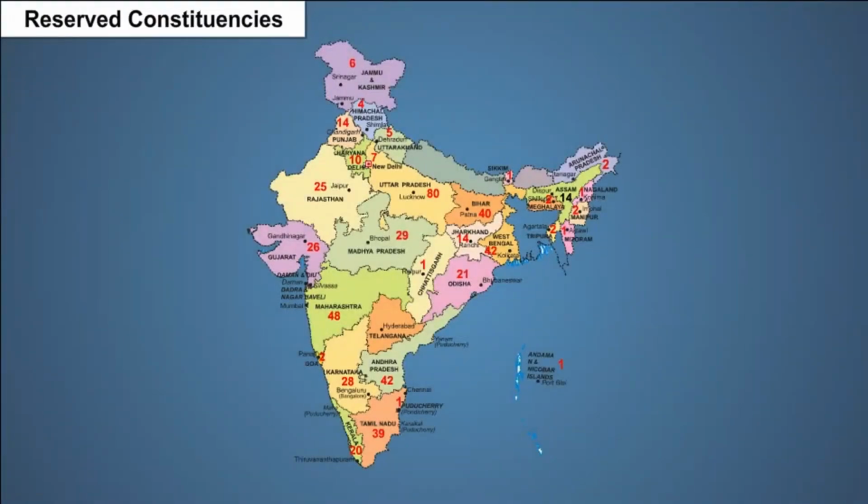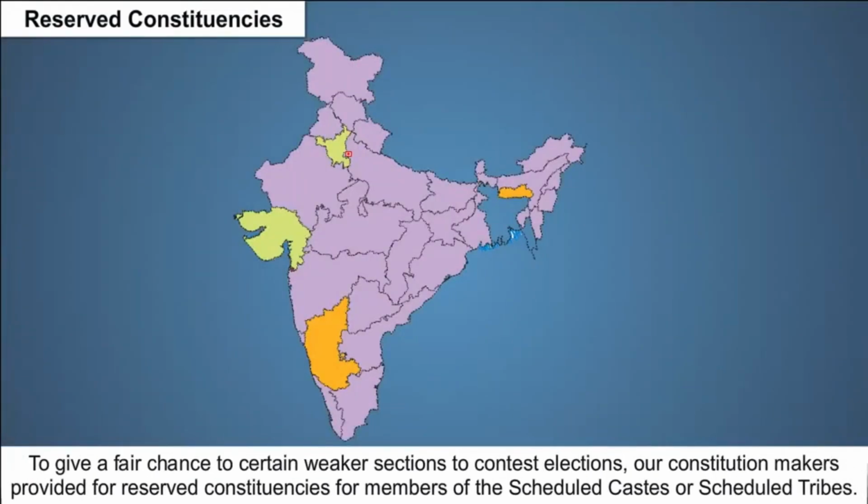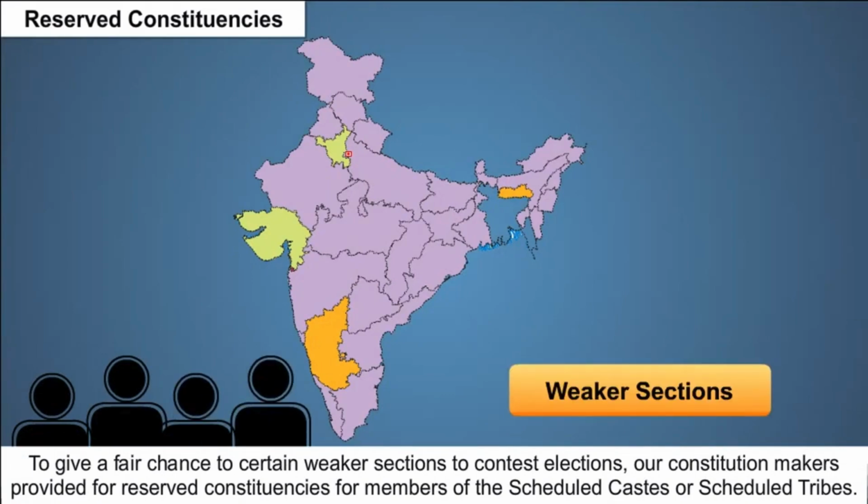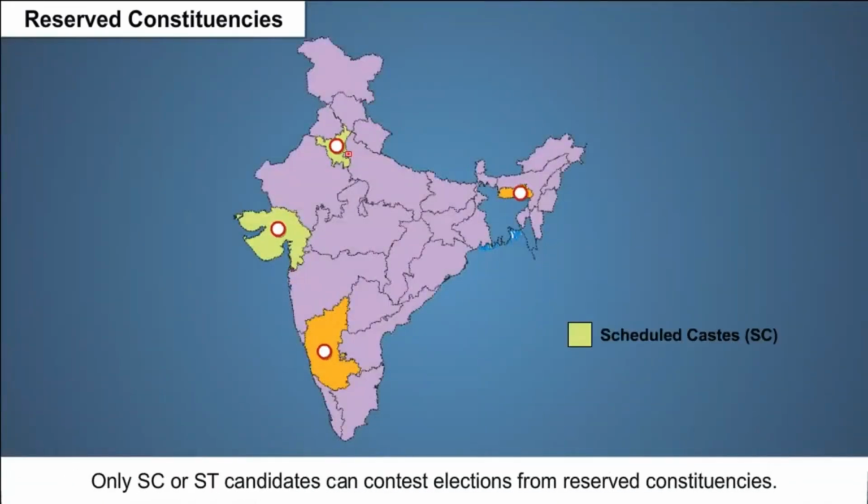Reserved constituencies. To give a fair chance to certain weaker sections to contest elections, our constitution makers provided for reserved constituencies for members of the scheduled castes or scheduled tribes. Only SC or ST candidates can contest elections from reserved constituencies.